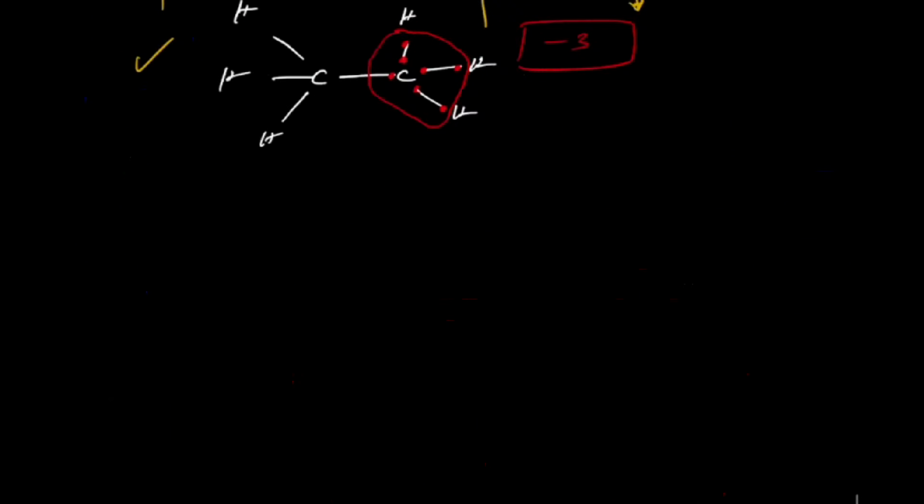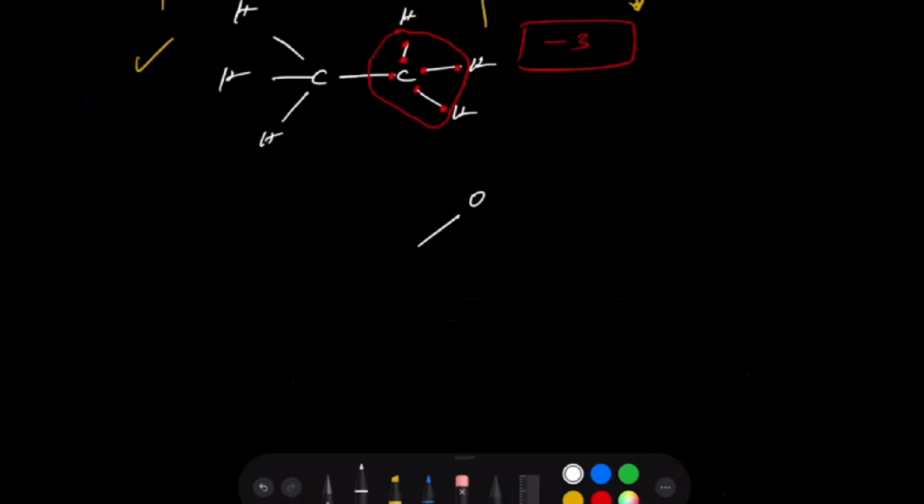Let me draw OF2. So oxygen is attached to 2 fluorine atoms. This is the molecule OF2. Oxygen has 2 lone pairs and 2 bond pairs. Now if you do the partition of electrons, will oxygen take electrons from fluorine, or will it leave? It will leave, because fluorine is more electronegative. I do the partition based on electronegativities.